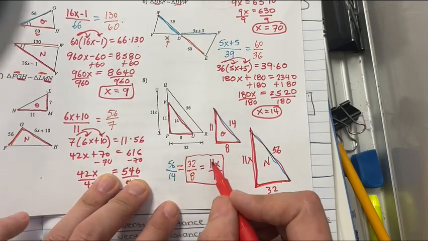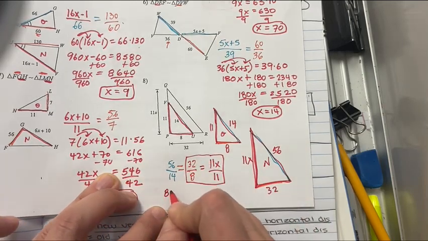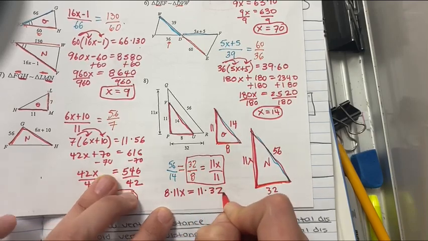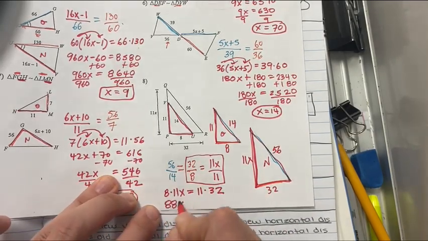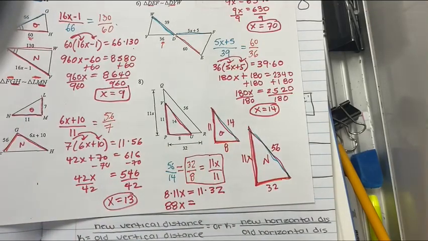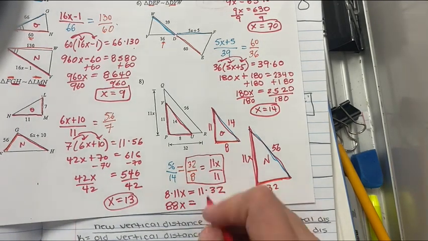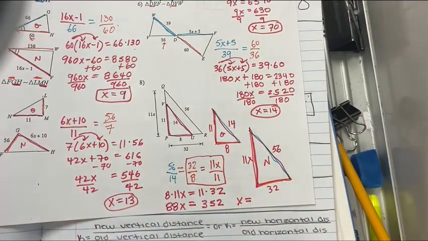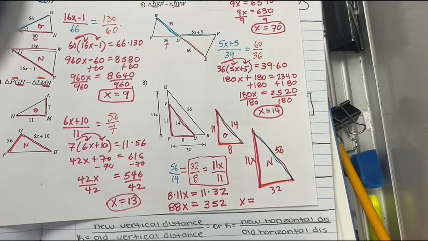So I'm going to cross multiply. So 8 times 11x is equal to 11 times 32. So if I divide by 88 on both sides, I get 4.